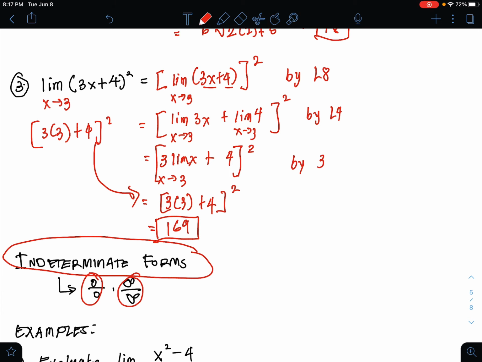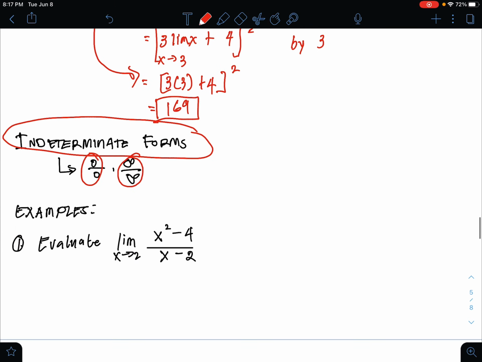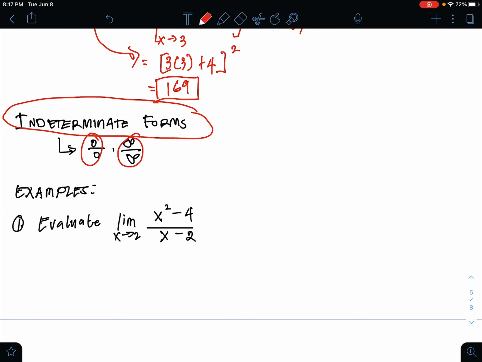In our next examples, if we use direct substitution as x approaches 2, 4 minus 4 over 2 minus 2, that's 0 over 0, so it is not allowed.